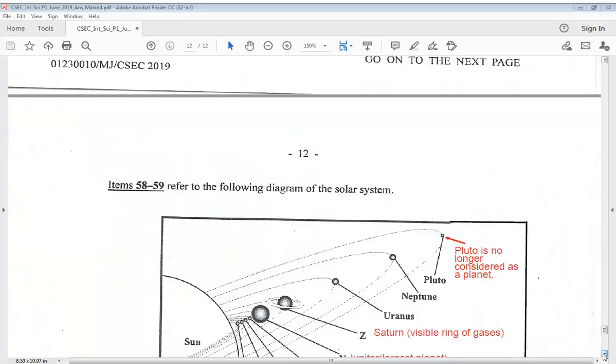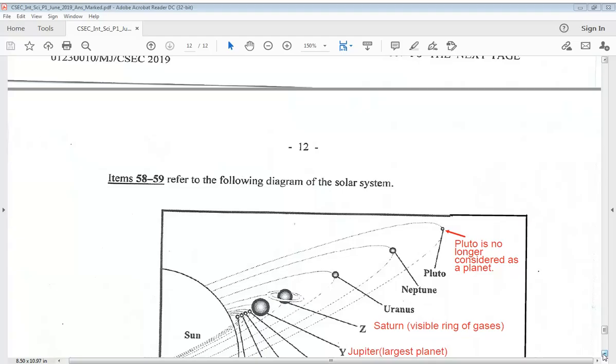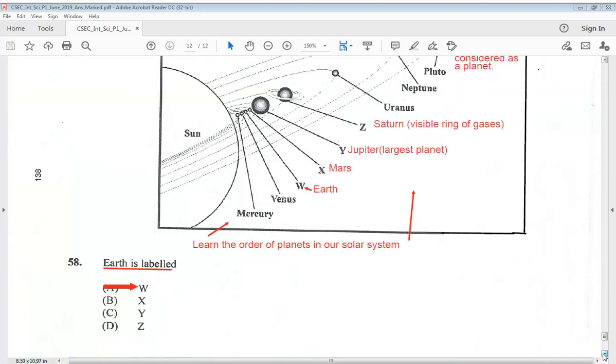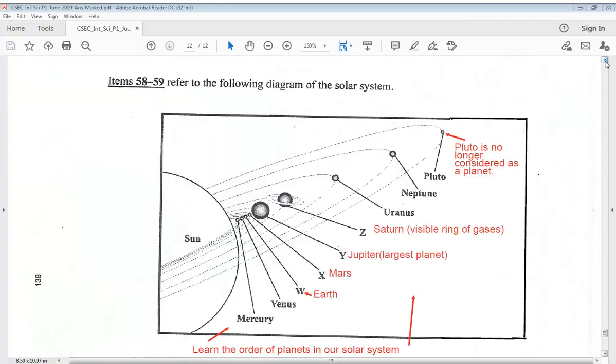58 to 59. Items 58 to 59 refer to the following diagram of the solar system. So Earth is labeled, based on our label, at W. Here is Pluto, but as we know, Pluto is no longer considered a planet.